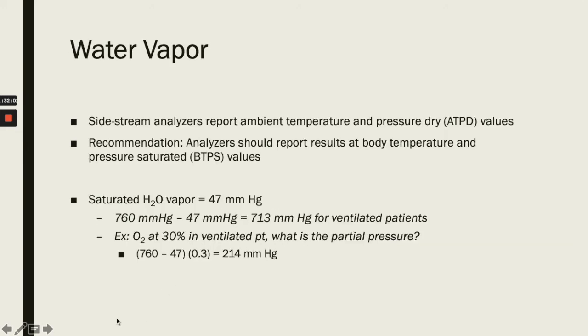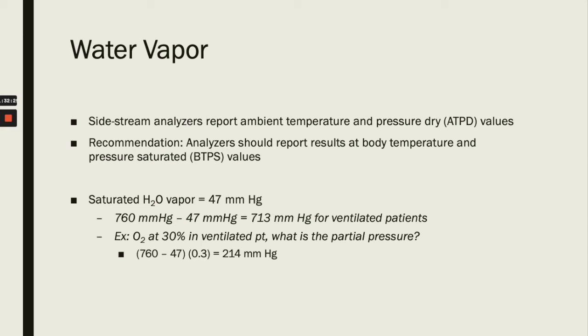Now, water vapor. Side stream analyzers report ambient temperature and pressure dry, ATPD, values. When it's taking the gas sample, the water comes out of the sample, so it's essentially a dry sample at that point, and the water gets wicked off and goes into a water trap.